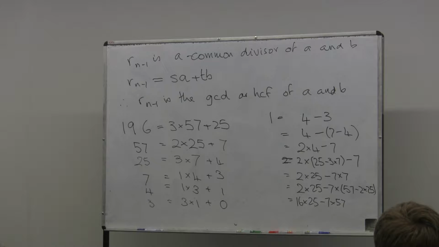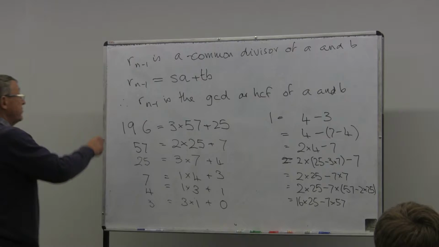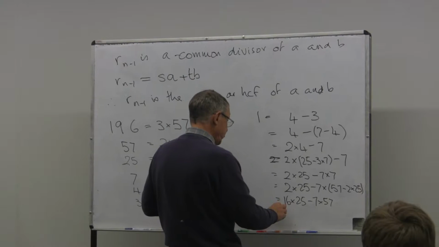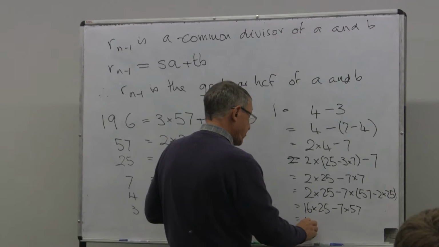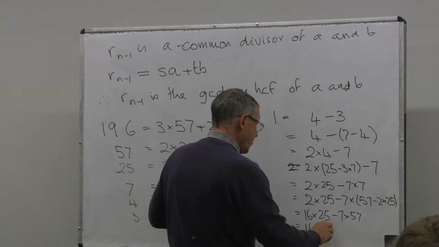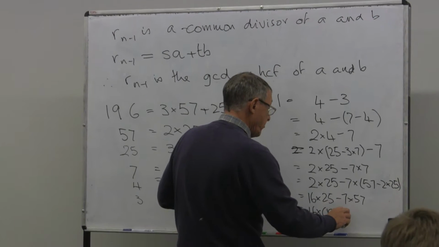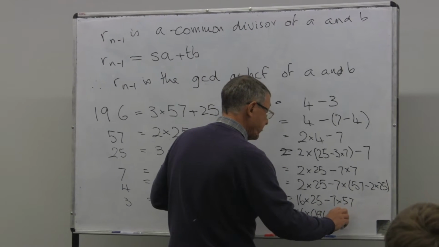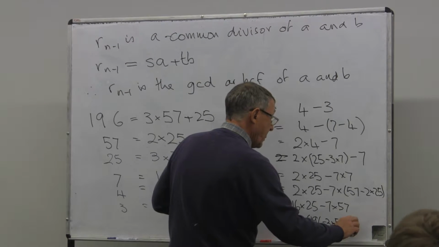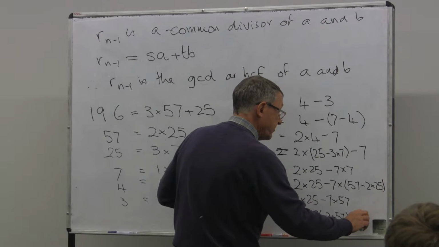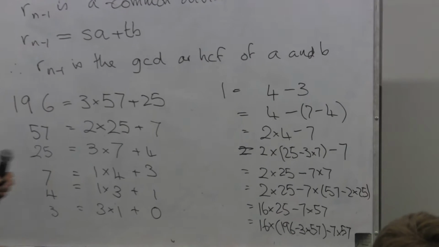And now we'll get rid of the 25, which is 196 minus 3 times 57. So that's 16 times 196 minus 3 times 57 minus 7 times 57 at the bottom.